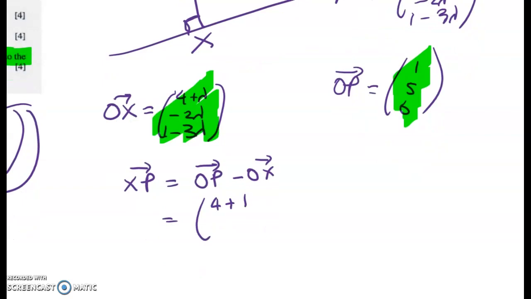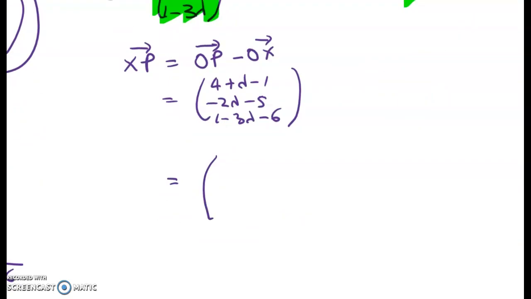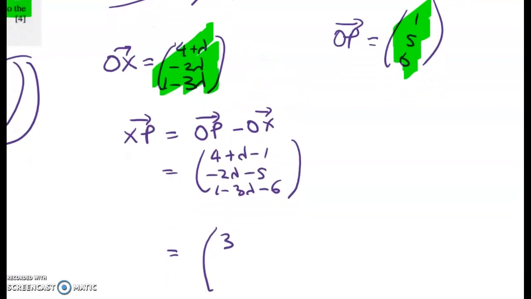So it's going to be this vector, take away this vector. It's going to be 4 plus lambda minus 1, negative 2 lambda minus 5, 1 minus 3 lambda minus 6. Have I done that wrong? I've done that wrong. Yep, that's backwards. Okay, sorry guys.